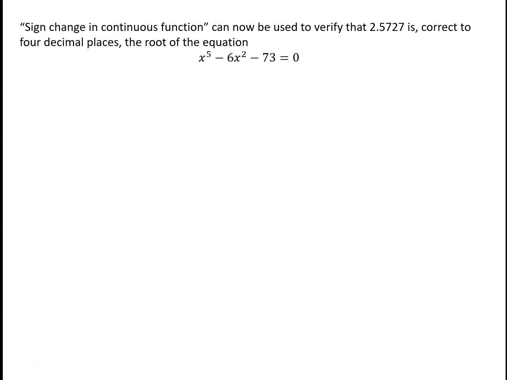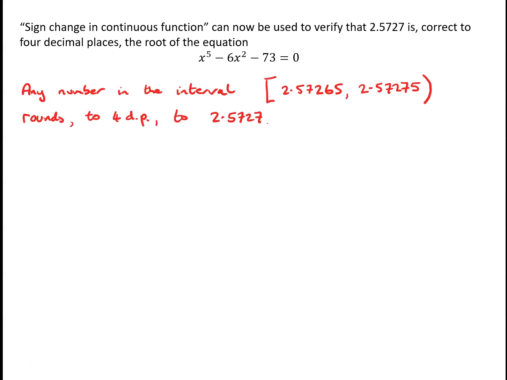To say that 2.5727 is the solution correct to 4 decimal places is to say that the root lies in between 2.57265 and 2.57275.